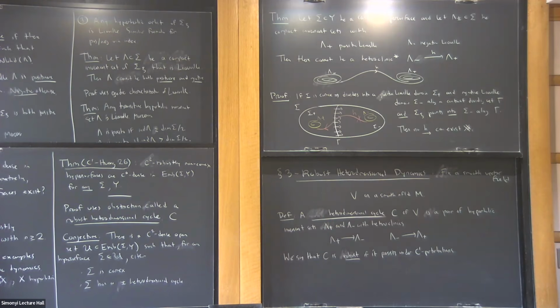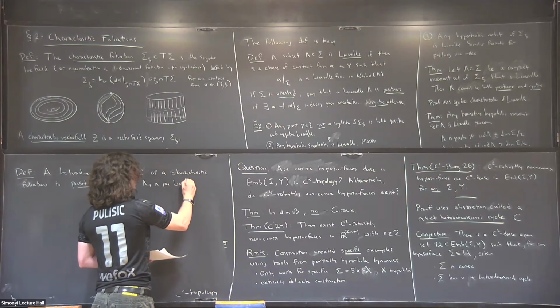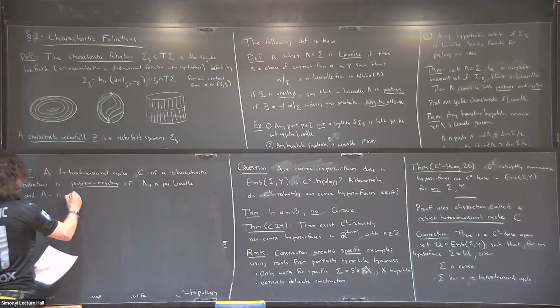Definition: we'll say a heterodimensional cycle of the characteristic foliation, so now we're back to the setting of the hypersurfaces, is positive-negative if one of the hyperbolic invariant sets is positive Liouville and the other is negative Liouville.